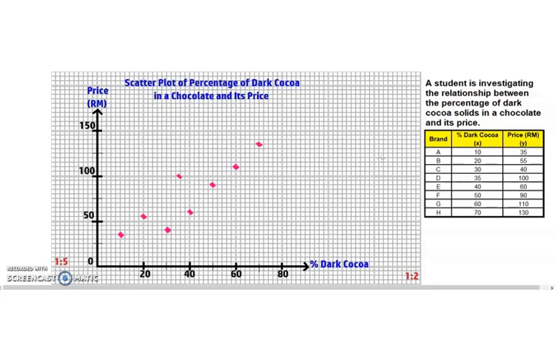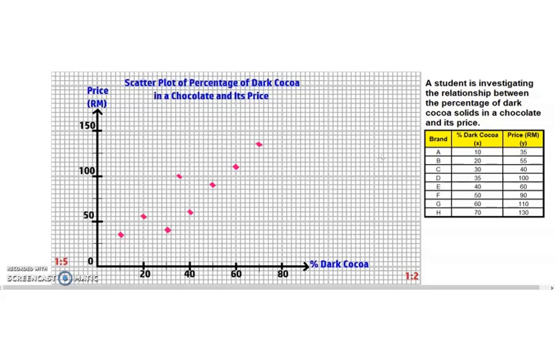Okay, how about the strength? Either it is strong, moderate, or weak. Since we have only 8 data, it is very hard for us to conclude whether it is strong, moderate or weak because we have few data only. If we have more data, it will be easier for us to conclude on the strength.